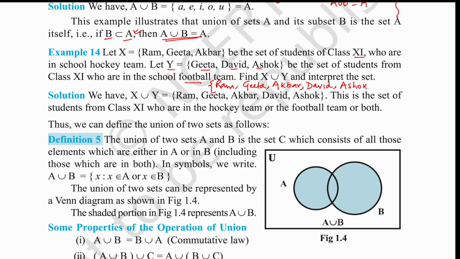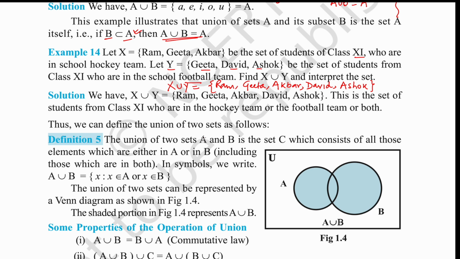So this set that you have gotten is nothing but X union Y. So the idea is very simple. In union, you try to include all the elements which are there inside all the sets on which you have taken the union.